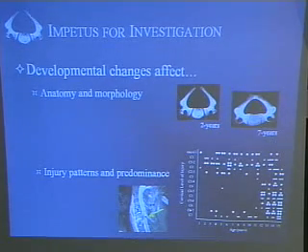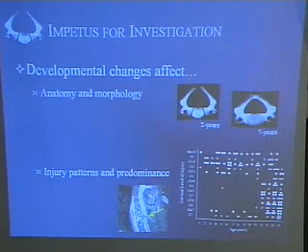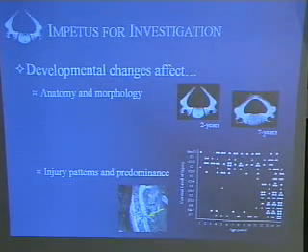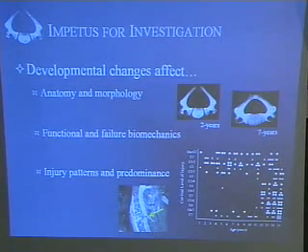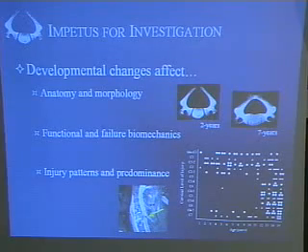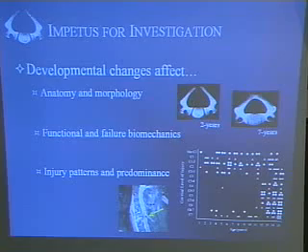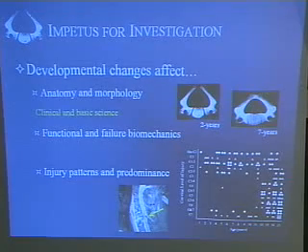There's an injury predominance and there are injury patterns in children that make us stop and think, maybe there's some link between the anatomy that we're not understanding and the functional and failure mechanics. So how do the mechanics of these tissues behave? If we can understand that and model that, then we can get at a number of different clinical outcomes.